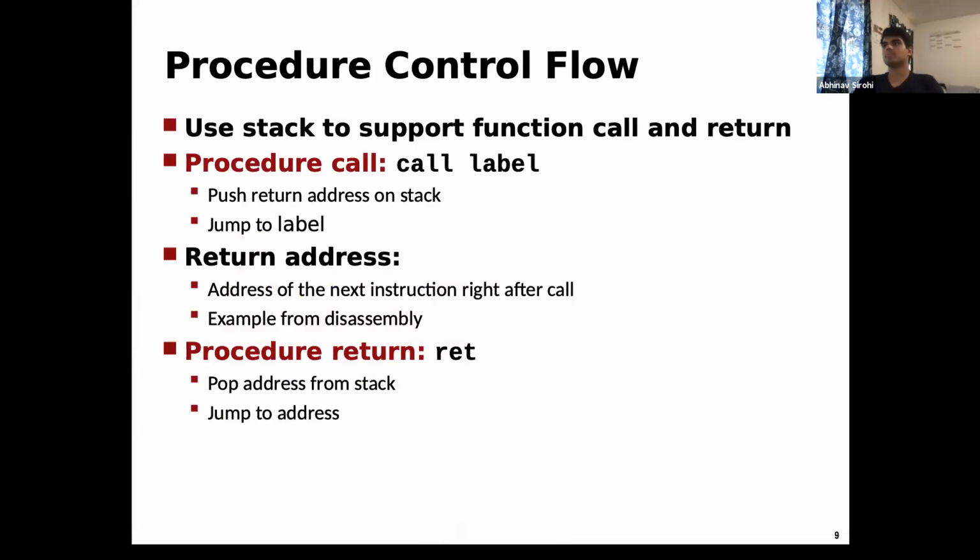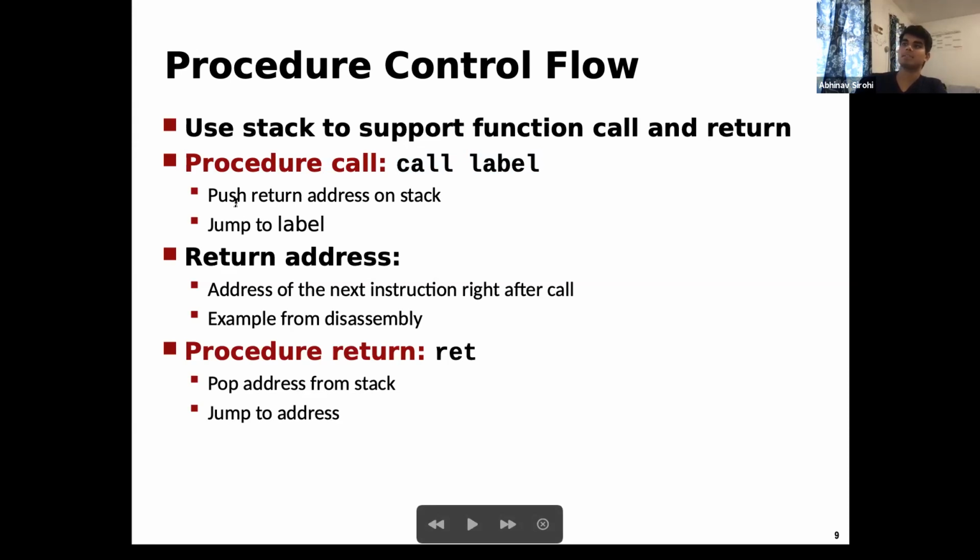So basically, this procedure control flow in assembly is what we're talking about here, and the stack is used to support function call and return. And we know that because whenever a function is called, the stack frame is generated, and that's where all of the local function things are stored. So we have our procedure call, which is you just use the call instruction and pass it a label.